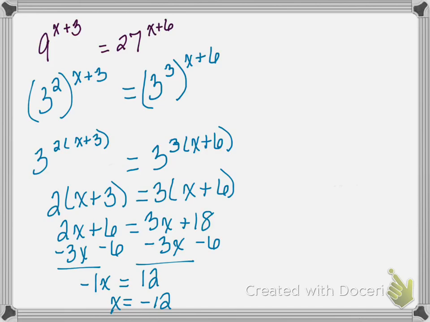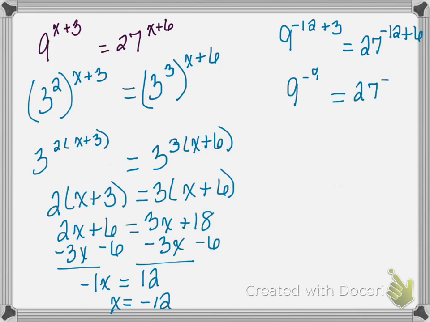I'm going back to my original equation to make sure it works. So I'm going to have 9 to the negative 12 plus 3 equals 27 to the negative 12 plus 6. I'm not able to tell if that works. I would either have to put that in a calculator and do 9 to the negative 9 and get a very, very small number, or I'm going to have to rewrite it again.